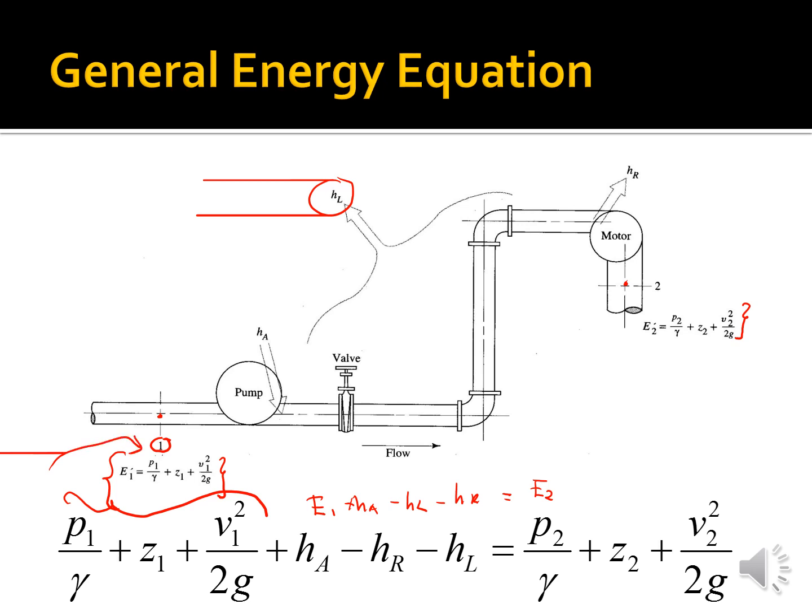Then we consider the addition of energy due to the pump, and then the loss of energy and the removal of energy. That's why we have HR and HL here: HL is due to the fittings or valve, and the removal of energy is due to the motor. Then it will reach point 2.